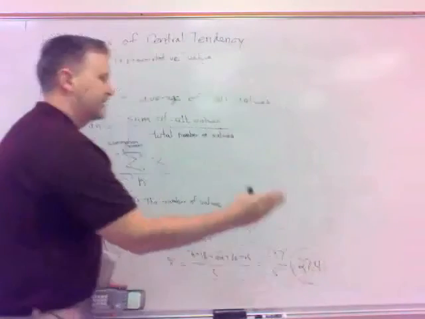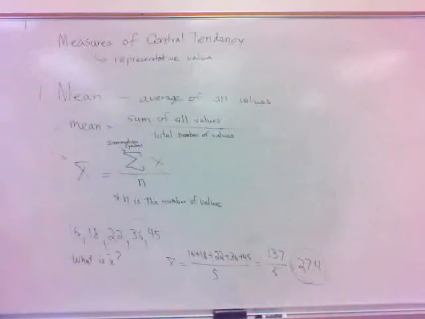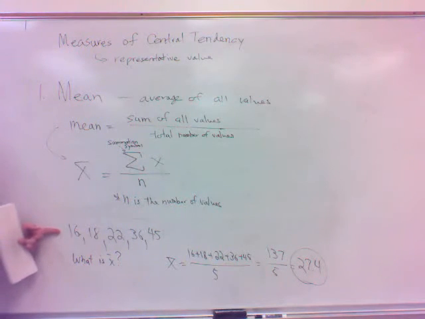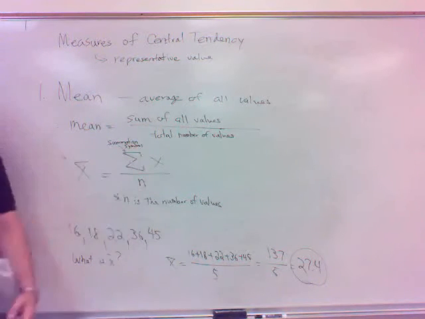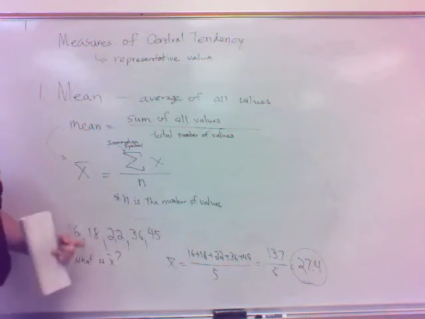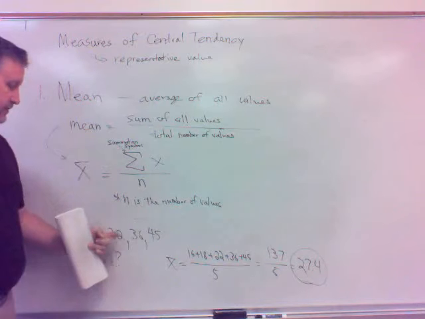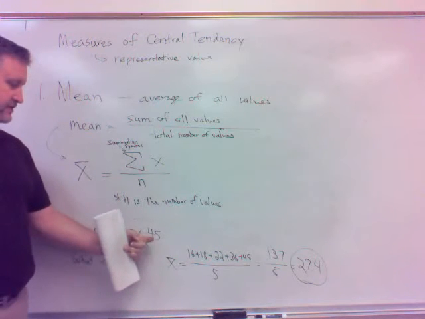And what does that represent? It's kind of a middle ground value of these particular values. One other little thing too, if we put these on a number line, you may not know this about the mean, but if we had a number line stretched out, and put a coin at 16, at 18, at 22, at 36, and at 45.